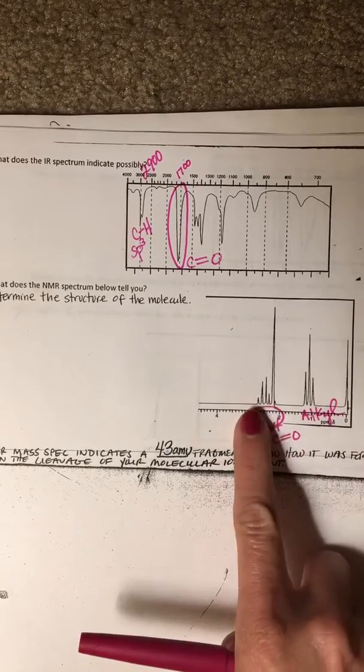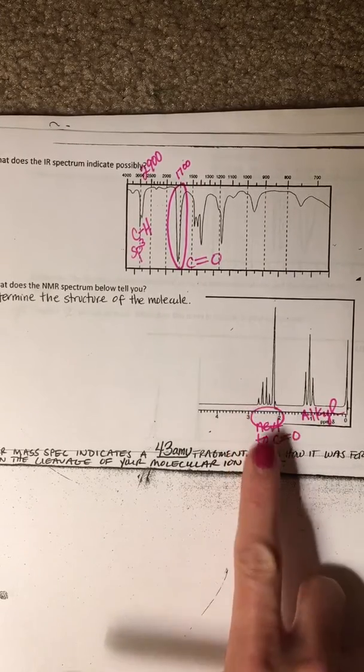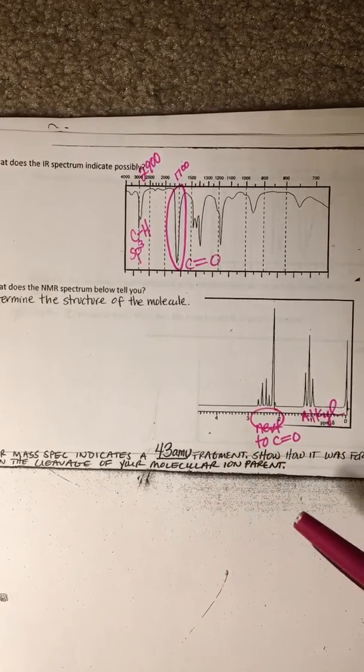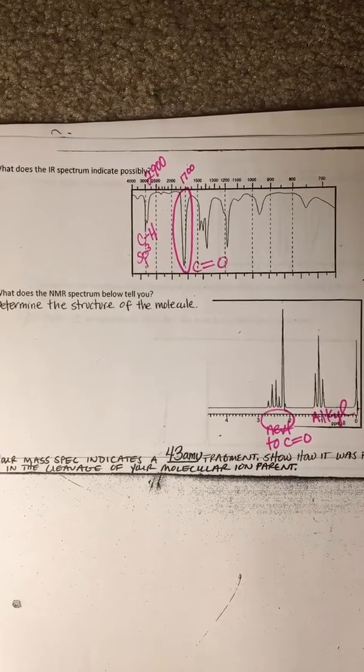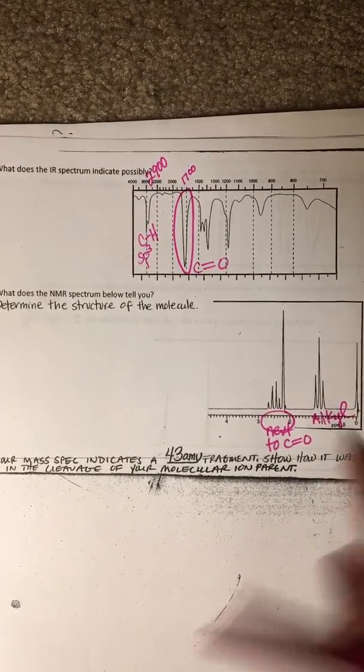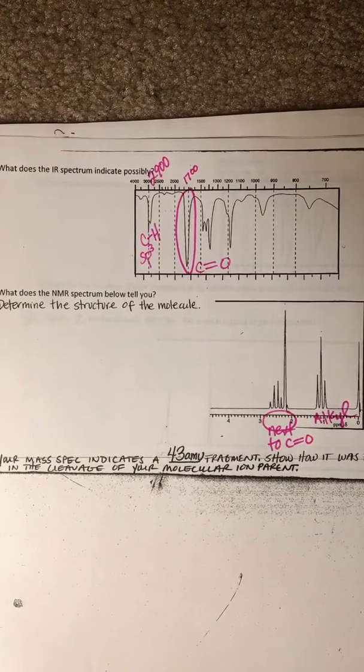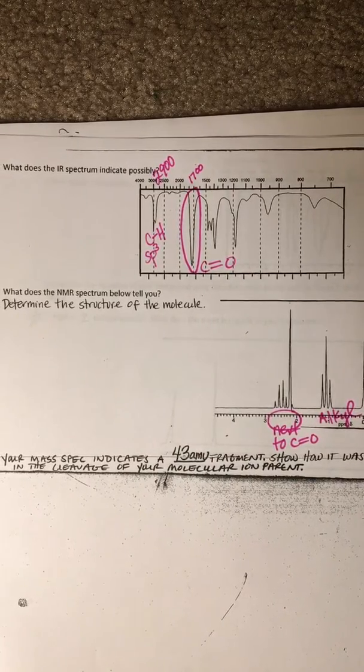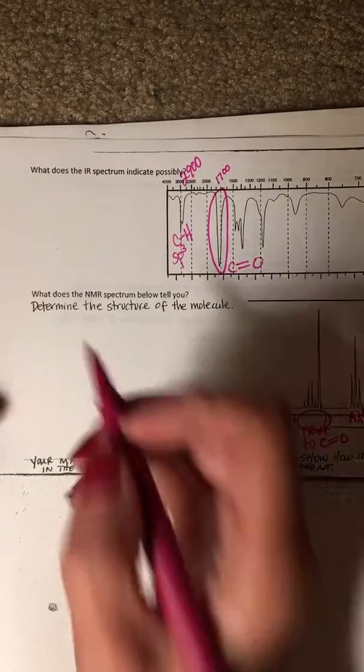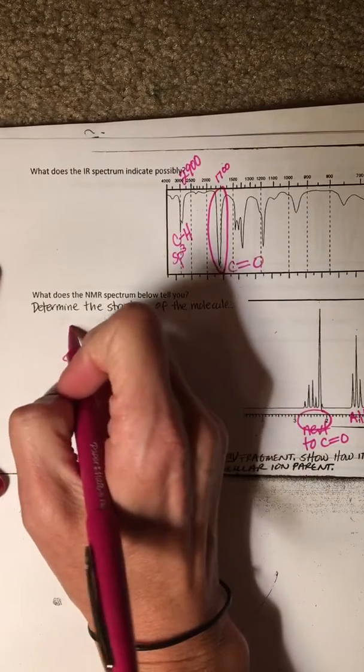And notice we've got 2 different splitting patterns next to a carbonyl. So we're just dealing with a carbonyl. We don't have any other oxygens, things like that. So we need to think of, what might have a carbonyl?